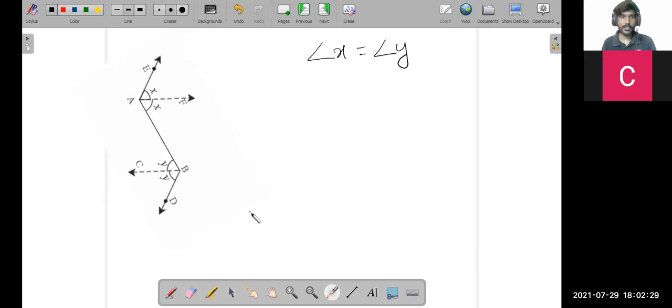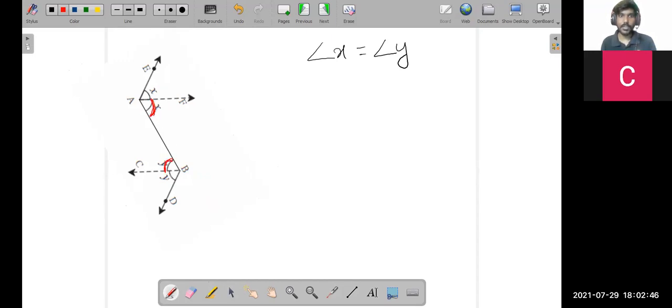Just look at the dotted line AF and BC. We have to prove that these two are parallel to each other.